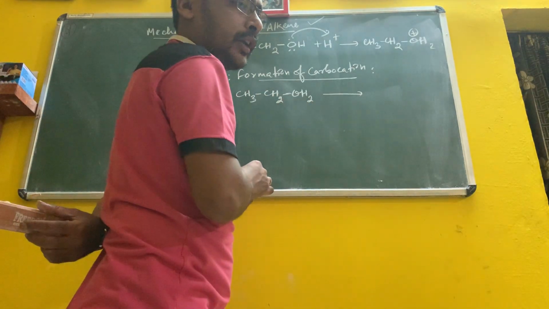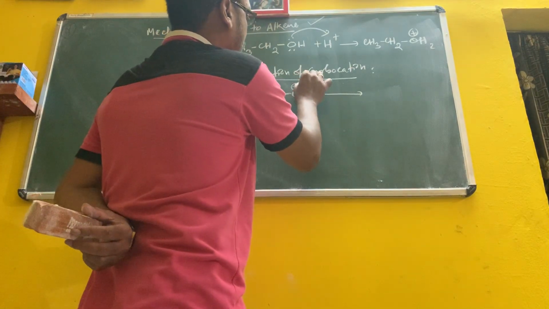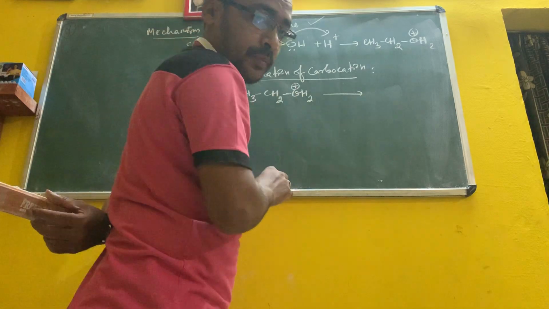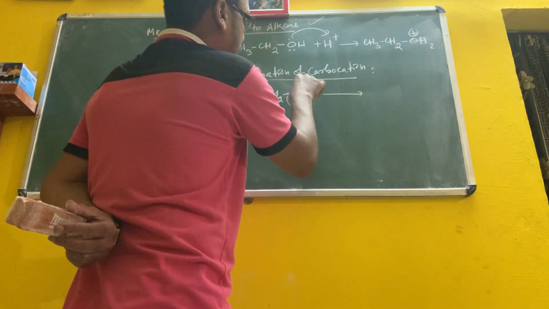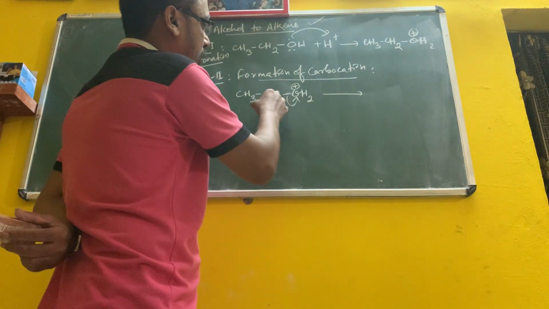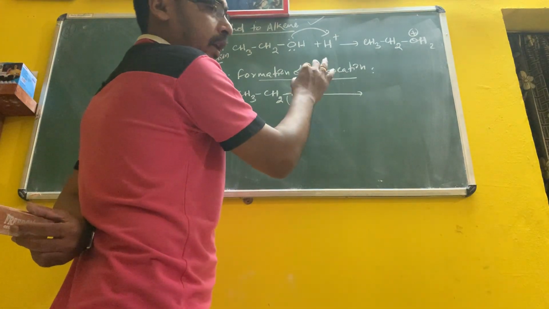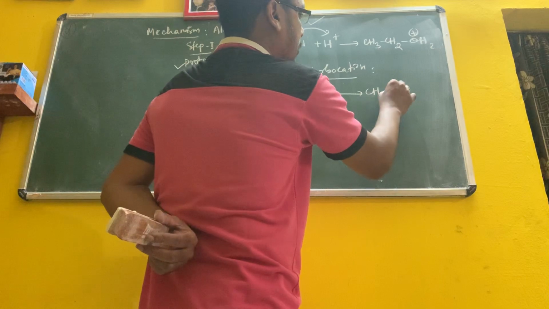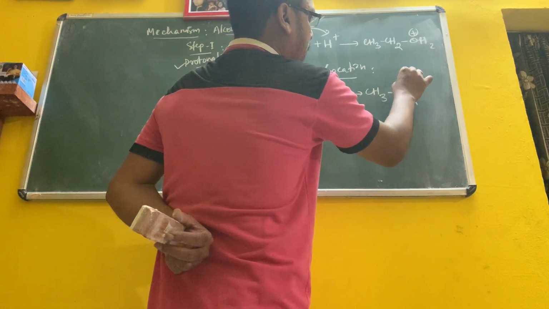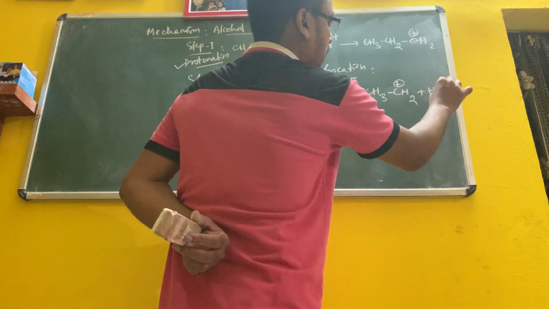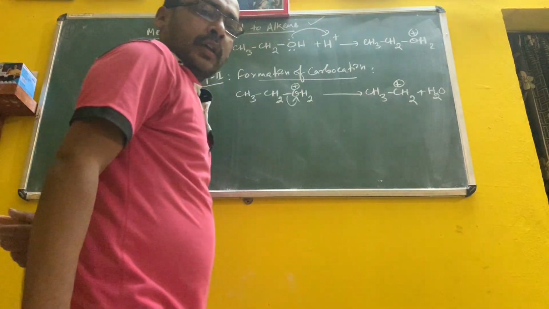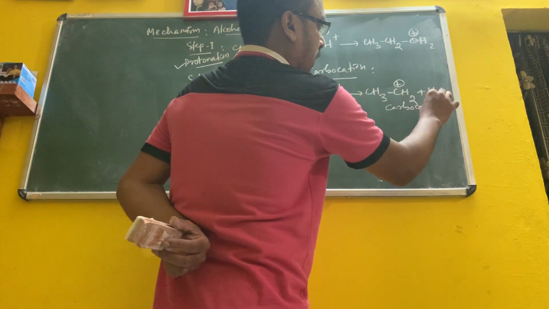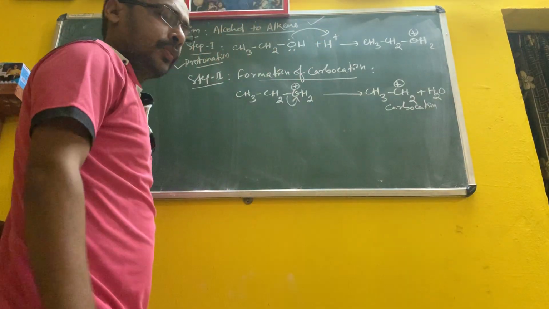Which one is more electronegative? Oxygen. The more electronegative element is positive, so it will easily accept the shared pair of electrons of the carbon, and it will be detached as neutral H2O water. This is your carbocation. I think all of you are clear.